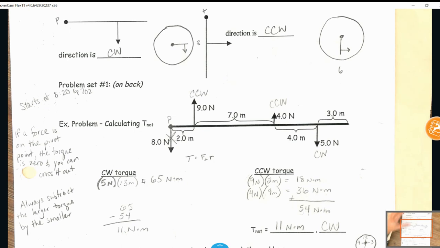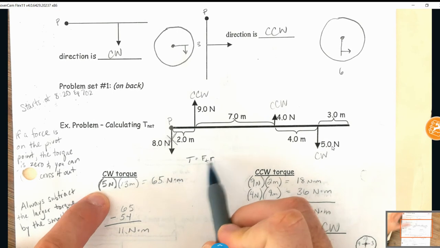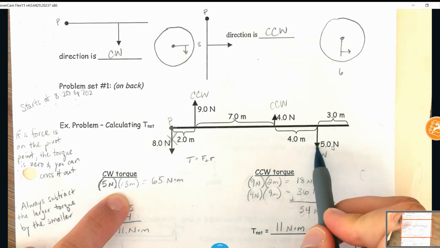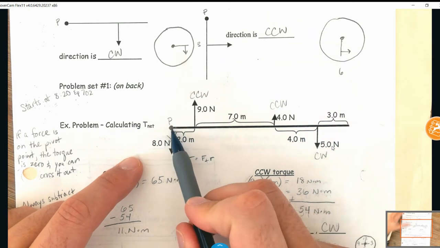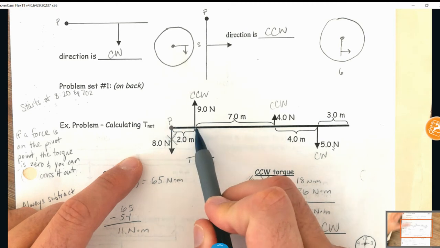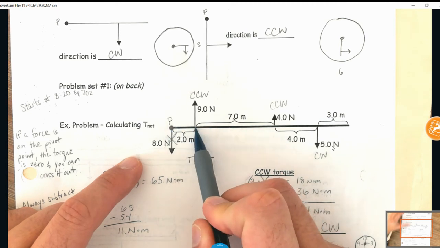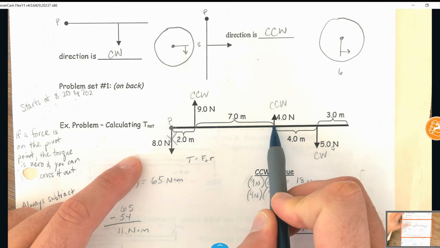Okay, clockwise torques. There's only one that we have labeled, that 5 Newton force. We have to figure out what r is. How far is this force from the pivot point? We have this little arrow telling us from here to here is 2 meters, and from here to here is 7, so we're at a total of 9.